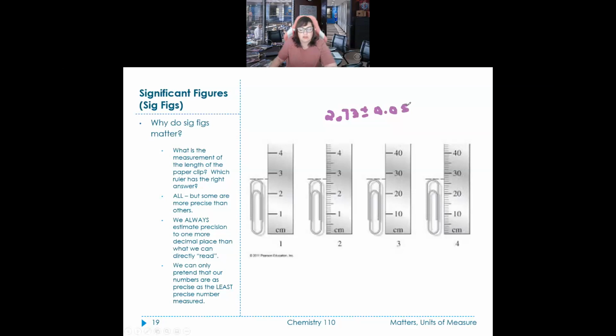And if you ever looked at scientific numbers and the way that they're presented, that's often how it's presented. So you'll see that that's that decimal point that I guessed, and that's how accurate I think I am in being able to guesstimate that number.